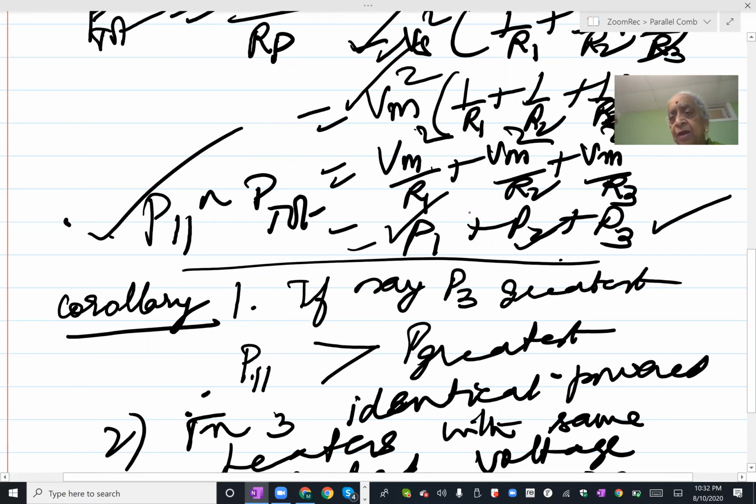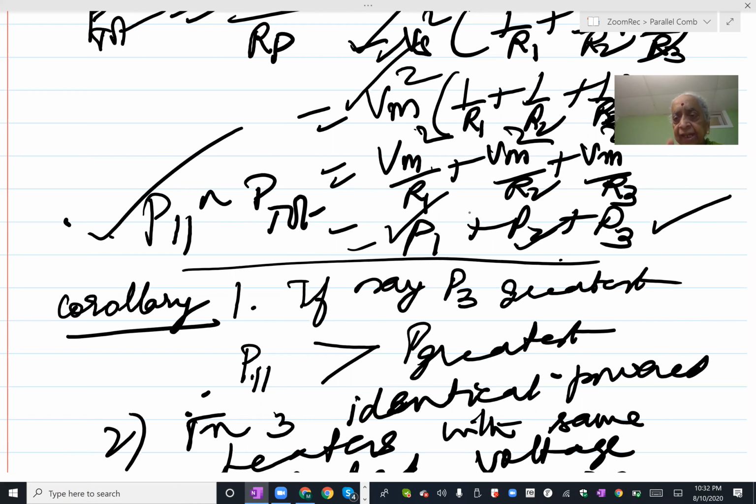All of them are operated at the same marked voltage, and the parallel combination is also connected across the voltage supply, which is the same as the marked voltage. The corollaries to follow are: in a set of devices in parallel, the effective power will be greater than the greatest of the powers.